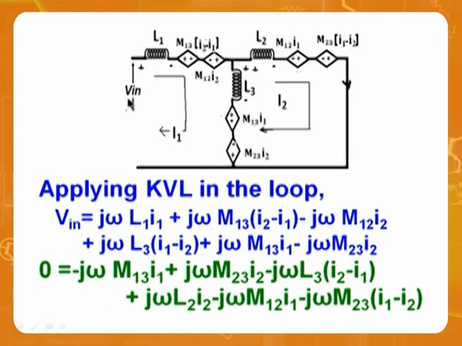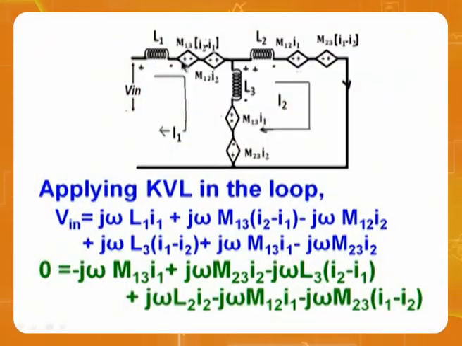Look at here. V1 is equal to L1 di by dt. Di by dt is nothing but j omega L1. M13. This is j omega M13. Next, M12. M12 with the j omega. So very simply to say, wherever there is a differentiation, it is j omega.